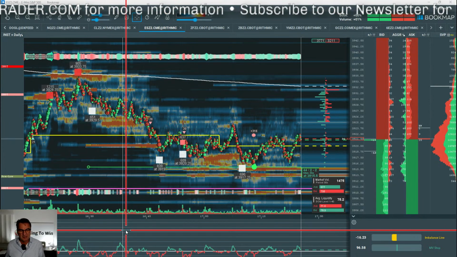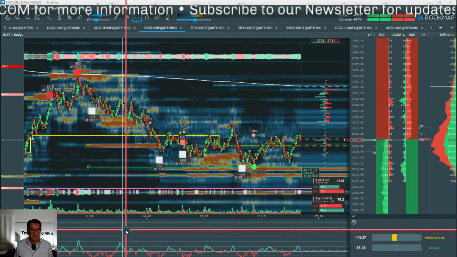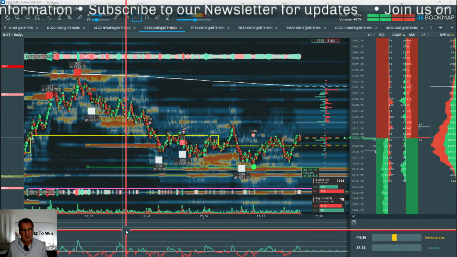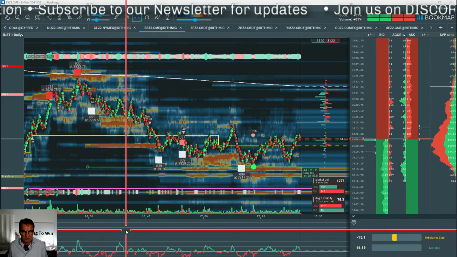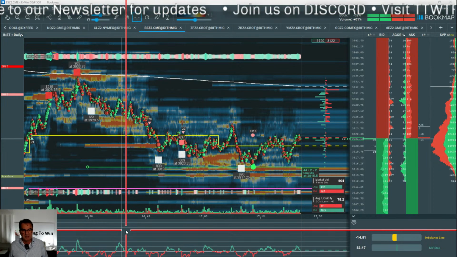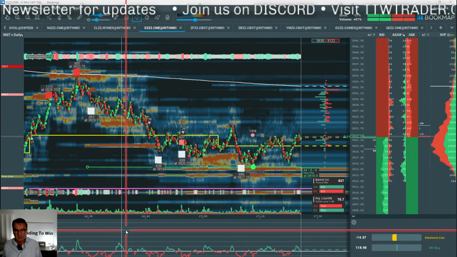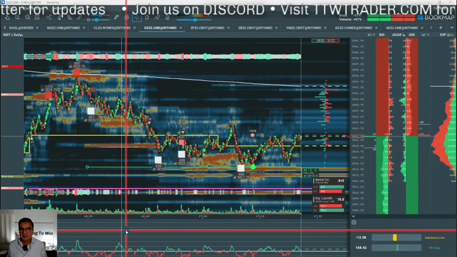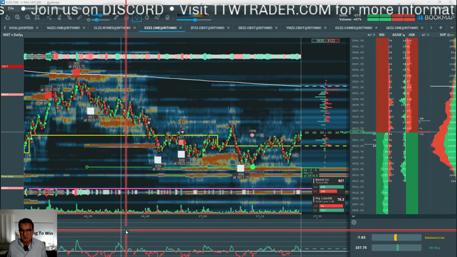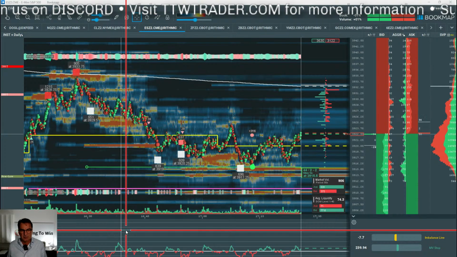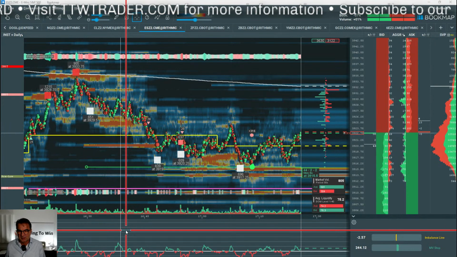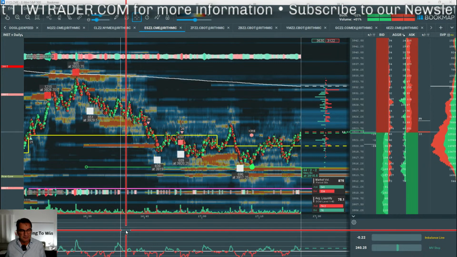You don't need 100 signals on your chart. It's good to have only a few which will help you to make money. That's your goal. Therefore, you want to trade, or you want to become a trader. That's why you are here, maybe. And therefore, please reduce as much as possible. Keep it as simple as possible, and that will help you to get a better picture of the market.